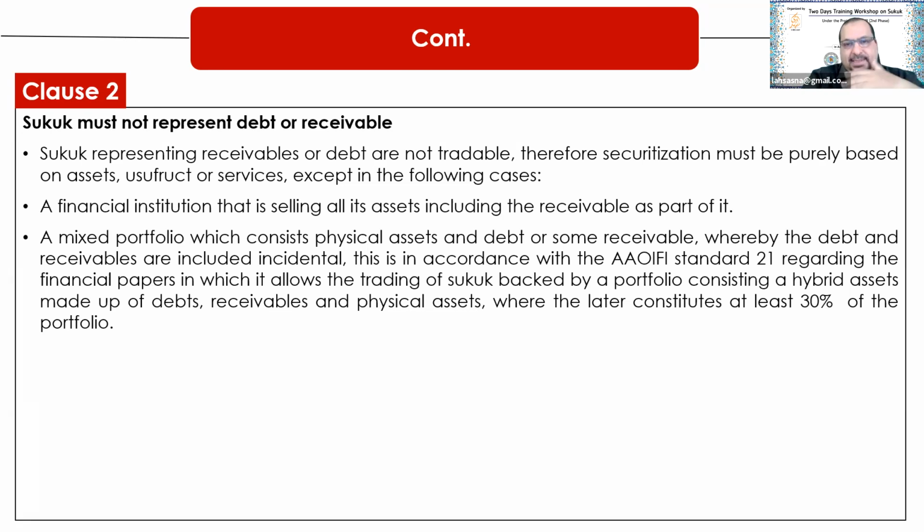Then you mix this portfolio in one pool, you securitize it, then you can trade in the secondary market. But pure murabaha cannot be traded in the secondary market. So that's point number two by IOFI.